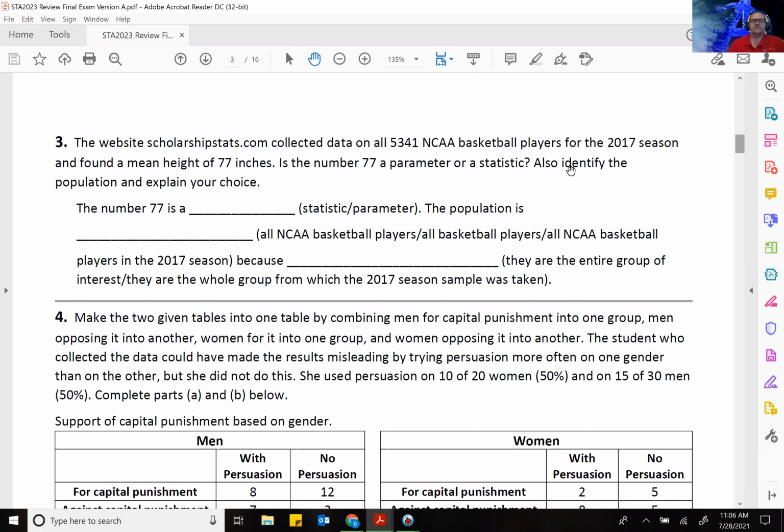Also identify the population and explain your choice. So what are your choices for that drop down menu, just like before. So the number 77 is a what? Parameter.